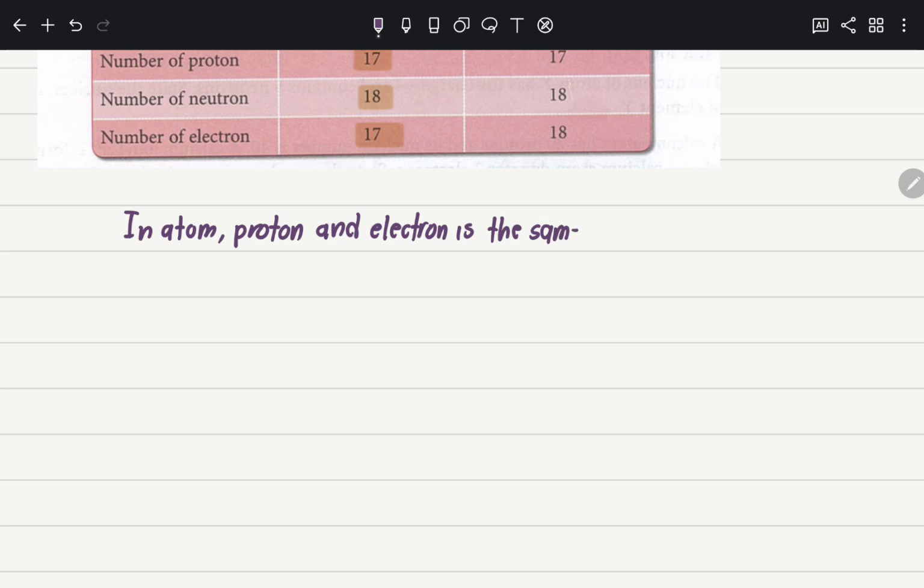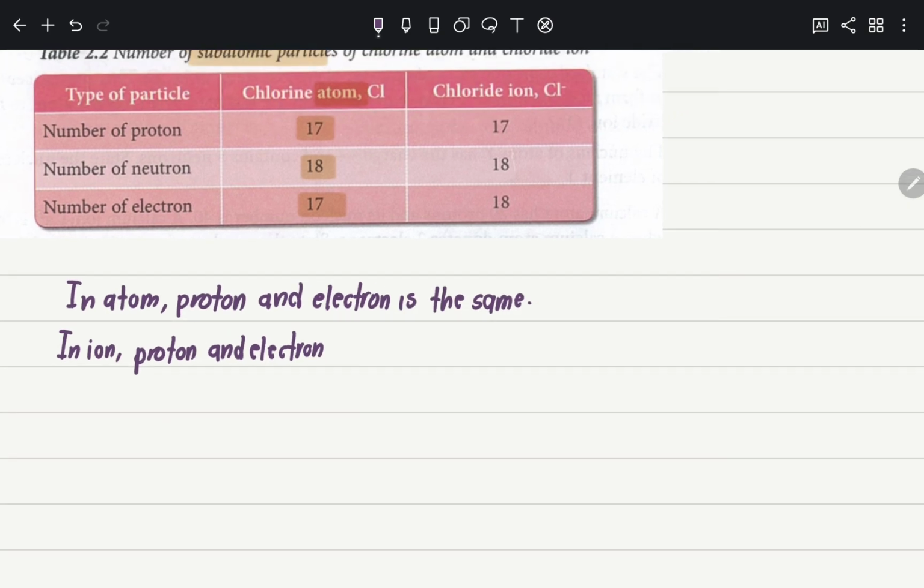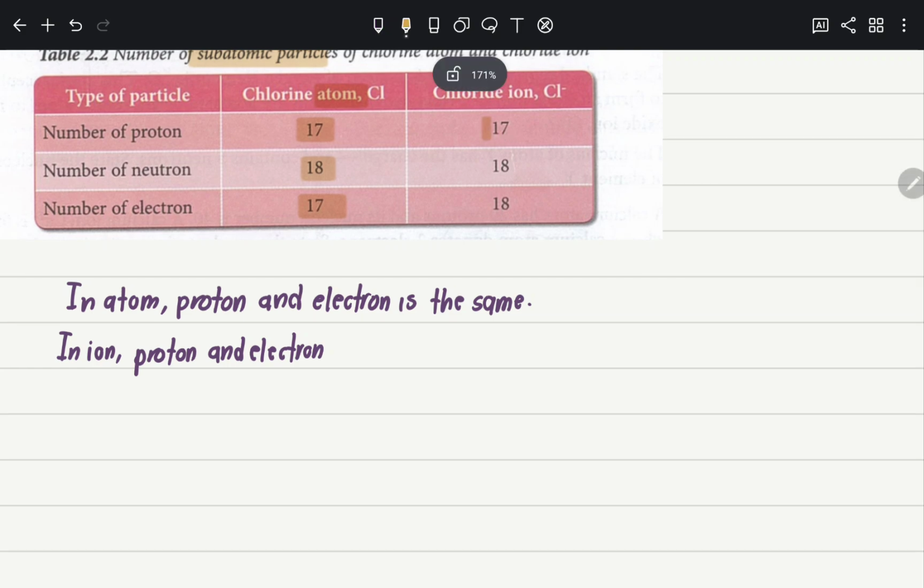But when it comes to ion, proton and electron are not the same. Why are they not the same? Because ion means they want to achieve stability. So to get stable, their electron number won't be the same as the atom's. For ion, proton and electron are not the same, because they need to achieve balance, so they will be different.